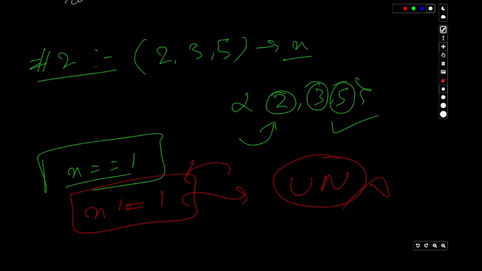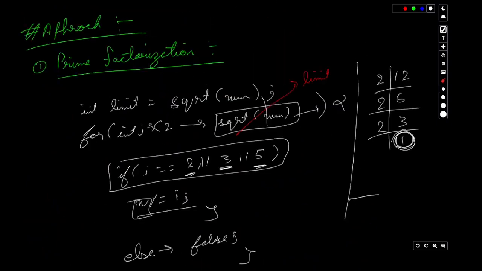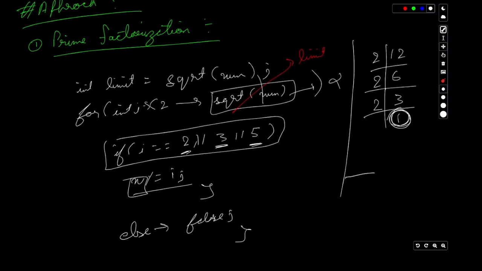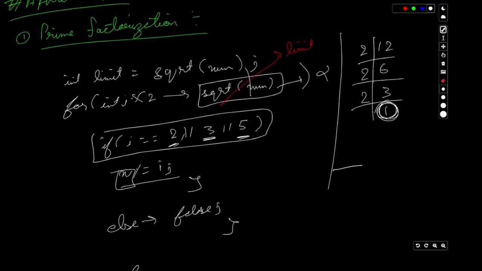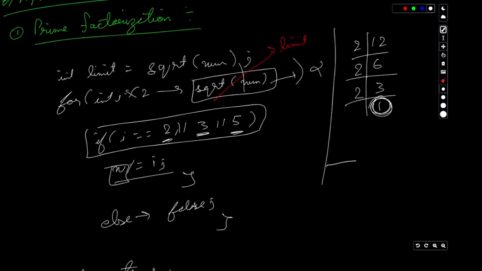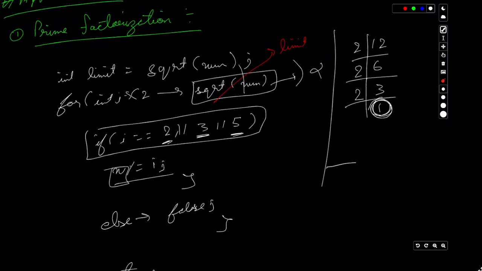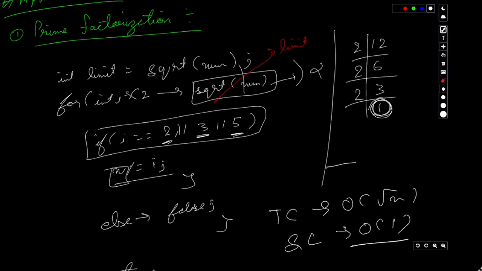Yes, I forgot to mention the time and space complexity of this problem. The first approach, which is solved by prime factorization, has a time complexity of big O of root n, and a constant space complexity, right?